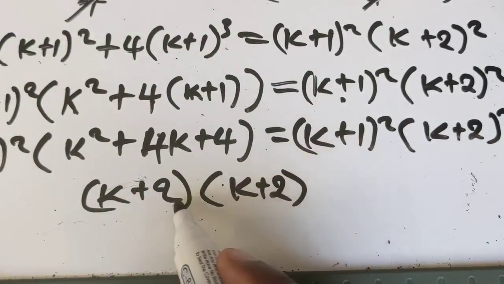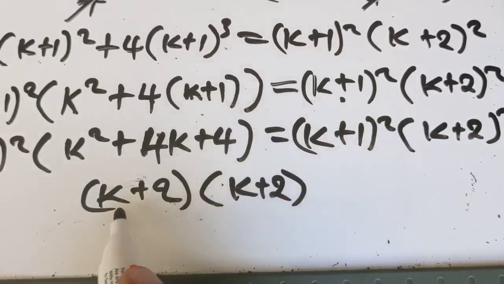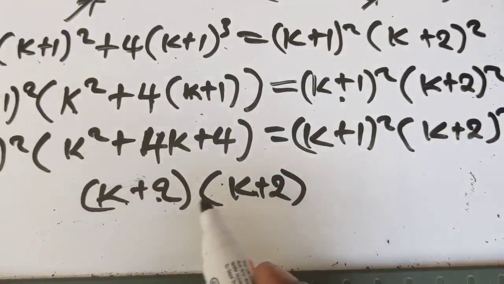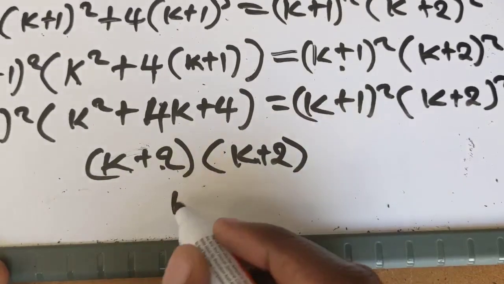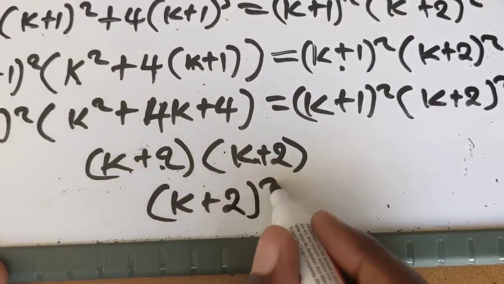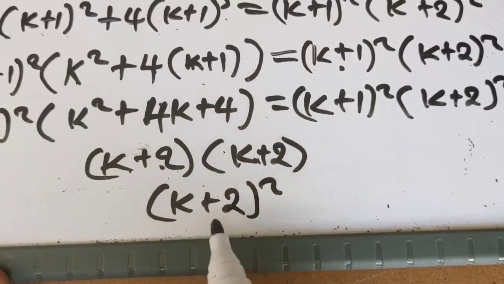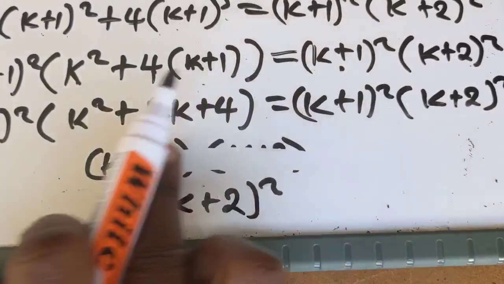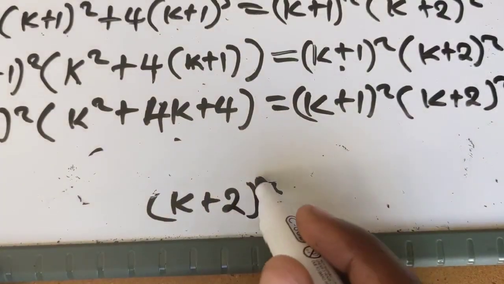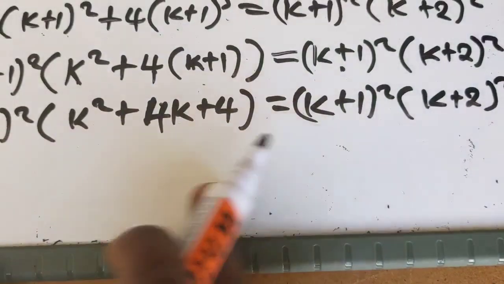Okay, and these two are just the same. You can even write them as k plus 2 to the power 2, since they are 2. So the answer is k plus 2 to the power 2.